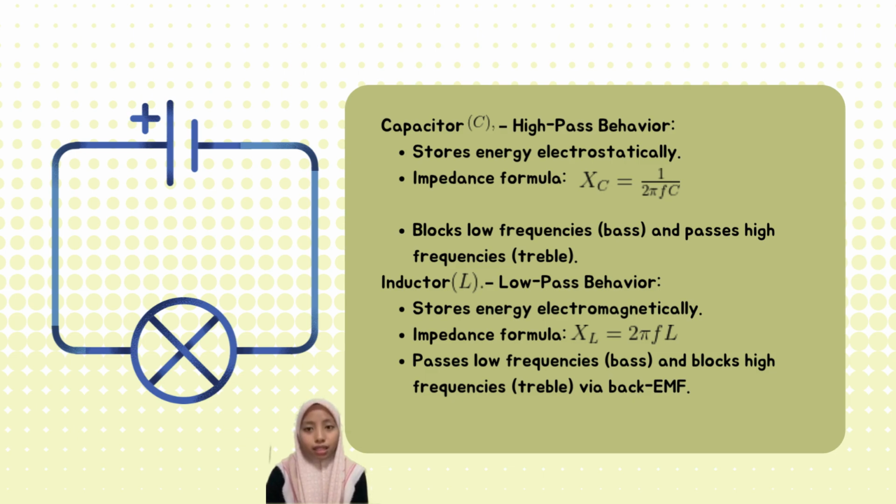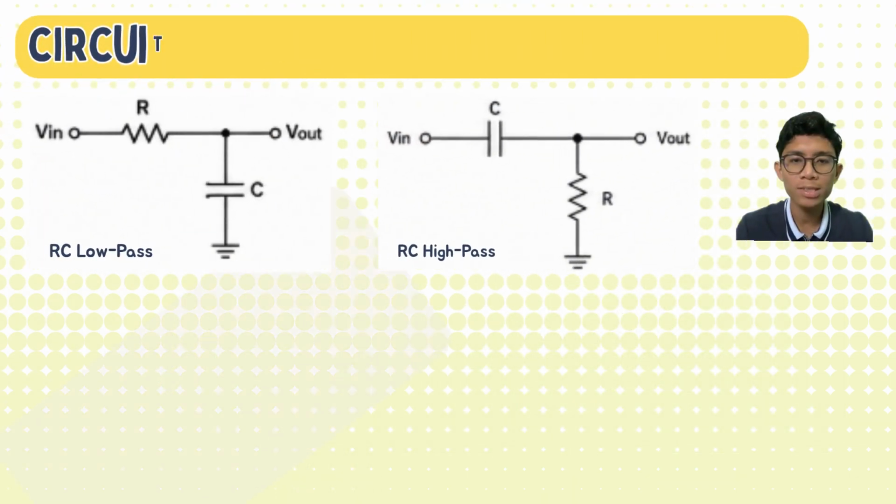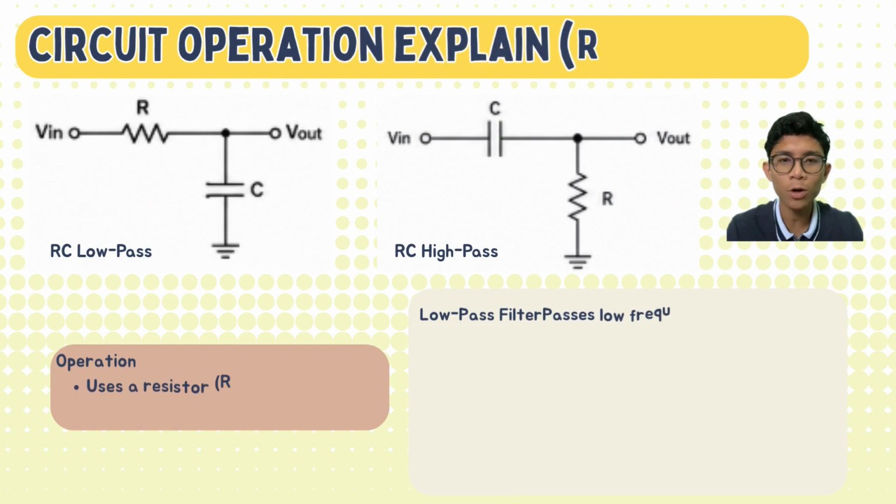Their reactance increases with frequency, passing low-frequency signals while blocking off high-frequency signals. By combining these components into RC, RL, or RLC circuits, we can design efficient low pass, high pass, and band pass networks for loudspeakers. On this slide, I will explain how RC filters operate.